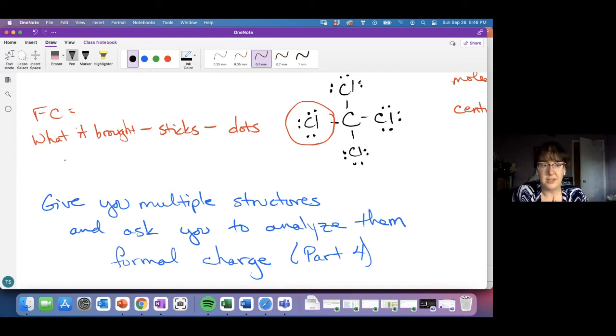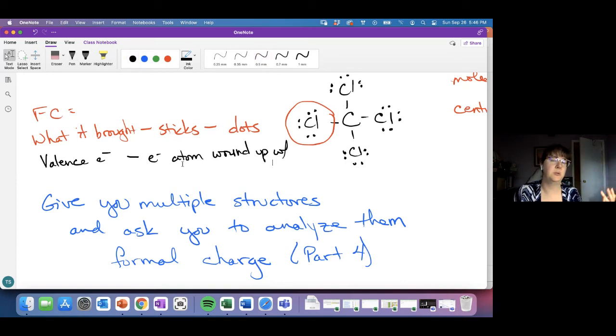The goal is to look at valence electrons and then figure out how many electrons the atom actually wound up with. Formal charge is essentially trying to undo the sharing.